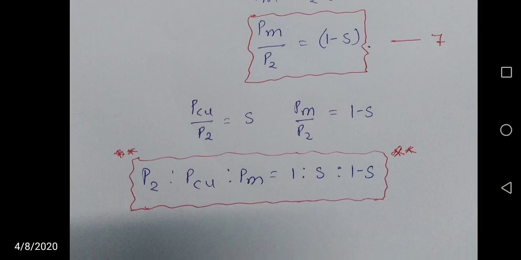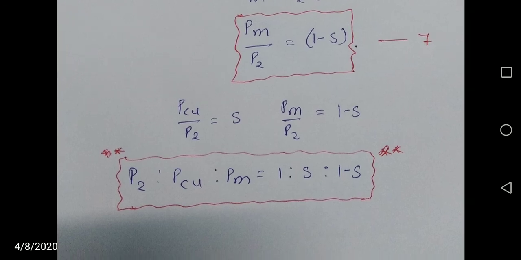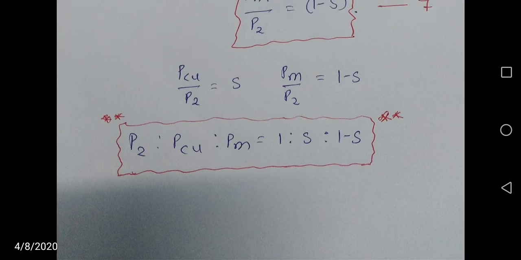So from these equations, PCU by P2 equal to S and PM by P2 equal to 1 minus S, we can write P2 is to PCU is to PM equal to 1 is to S is to 1 minus S. So this is the universal equation. It can be useful for calculation of induction machine problems.